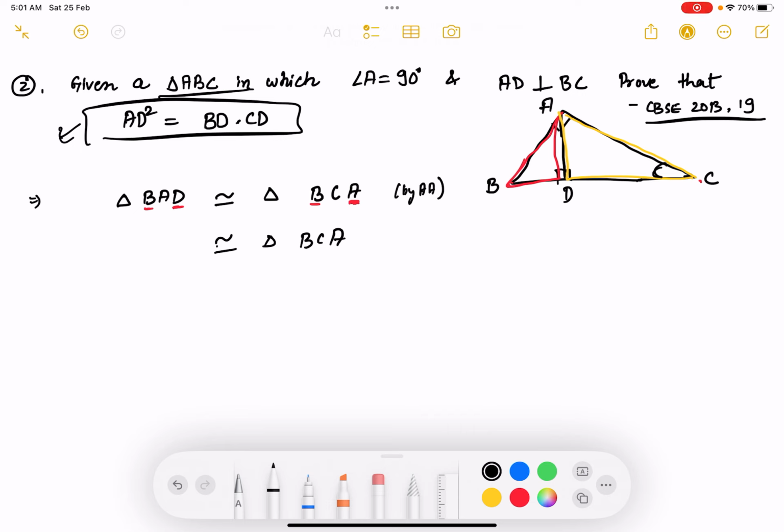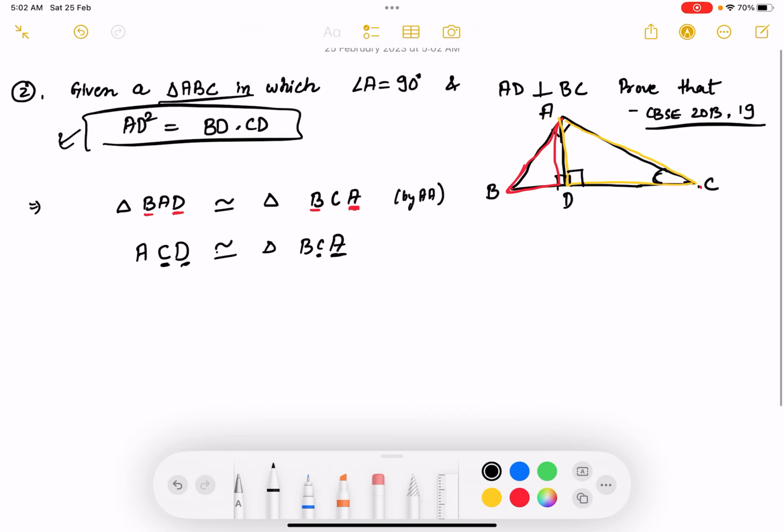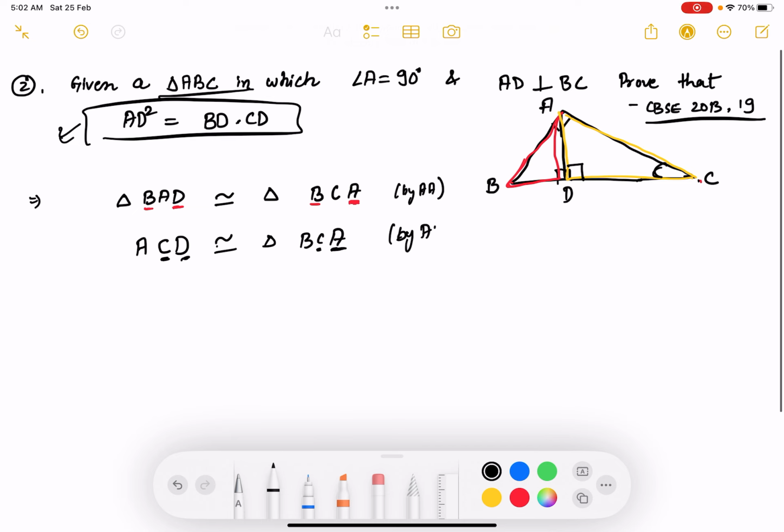Angle C is common, and instead of A we have D, and we are left with A in the smaller triangle. So triangle ACD is similar to triangle BCA, because angle C equals angle C, both common, and angle D is equal to angle A. So by AA similarity, these two triangles are similar.